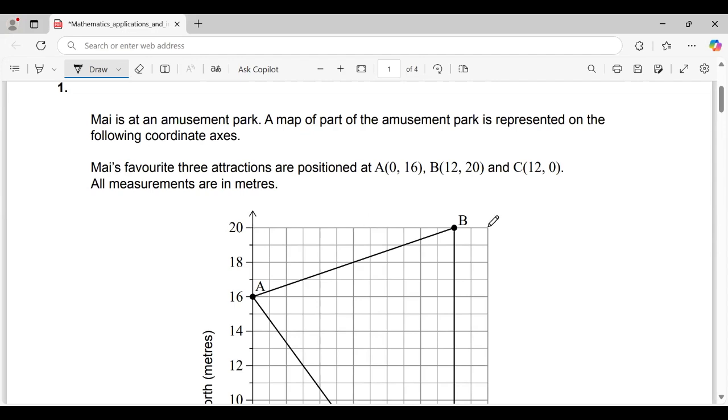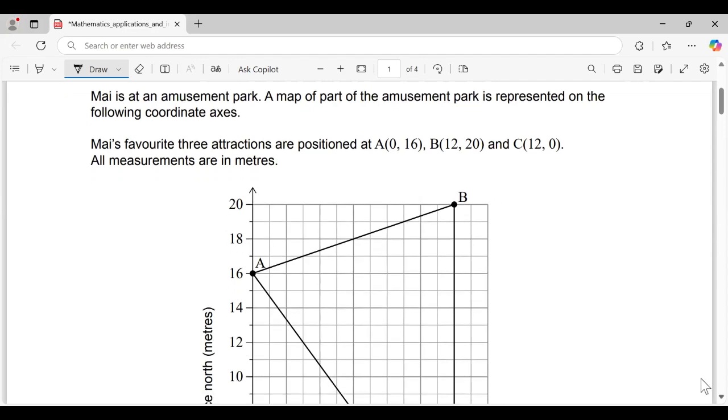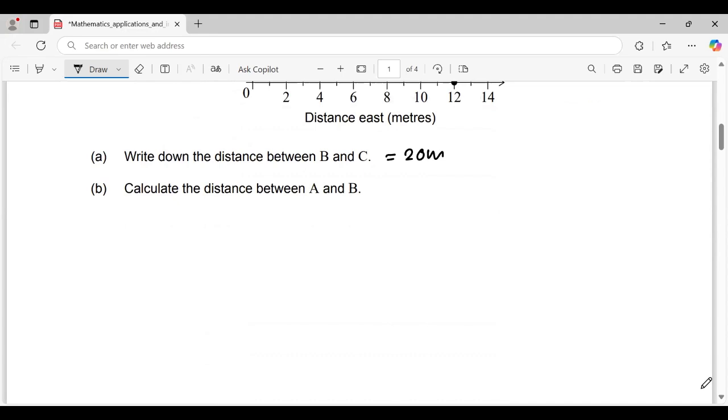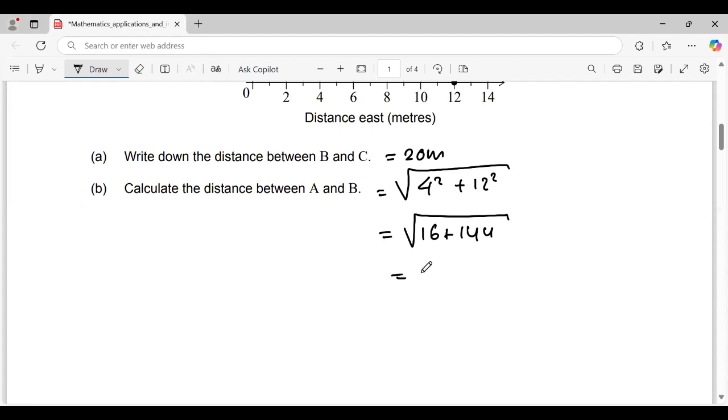So AB equals 4 squared plus 12 squared, which is 16 plus 144, it is 160.